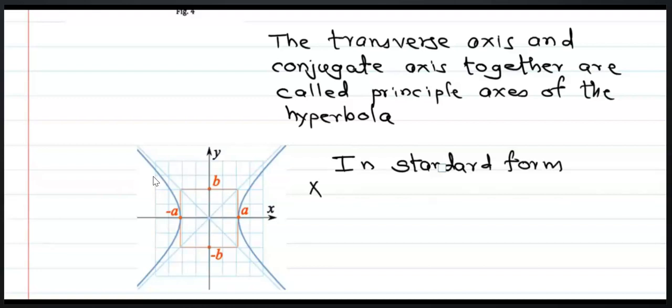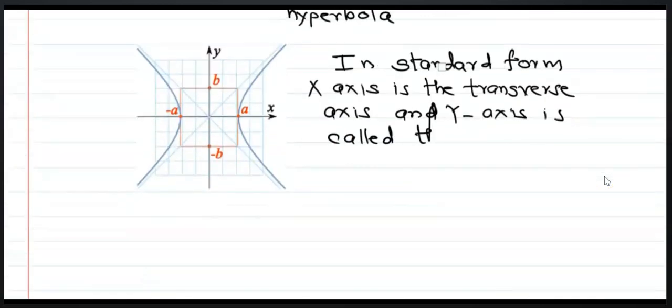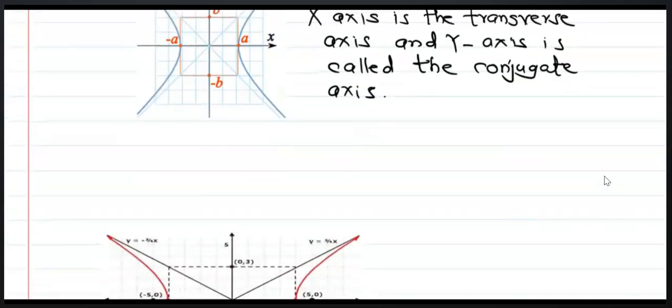In standard form, the x-axis is the transverse axis and the y-axis is called the conjugate axis.